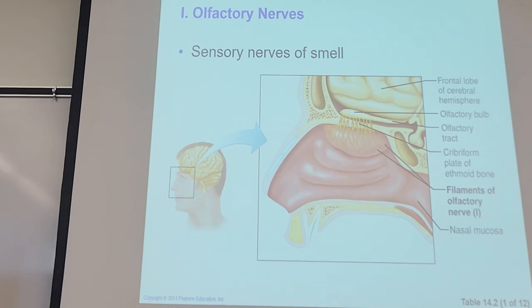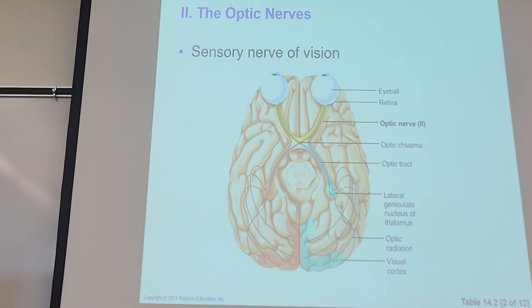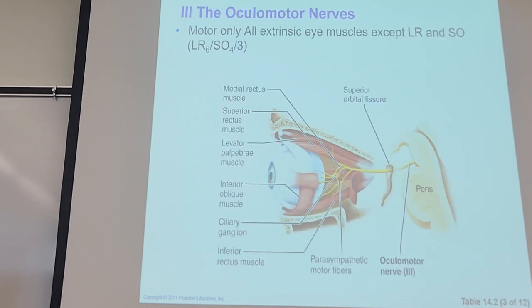Okay, so what is CN2? Optic. So optic is sensory only and of course involved in vision. We'll talk about more specifics of vision when we get to special senses. Oculomotor. Ocular motor in the name.